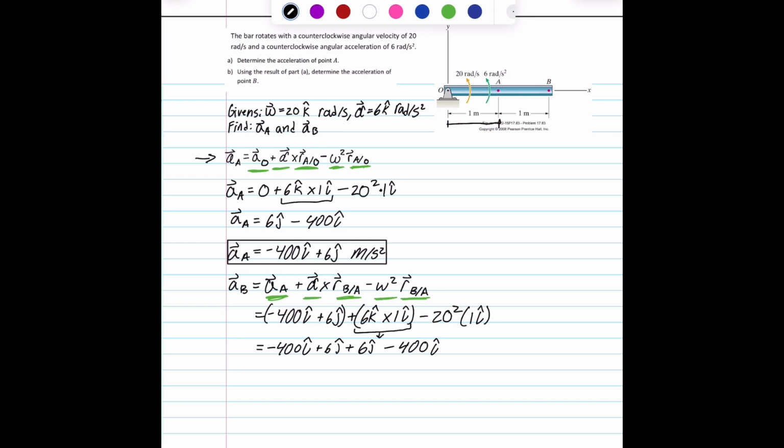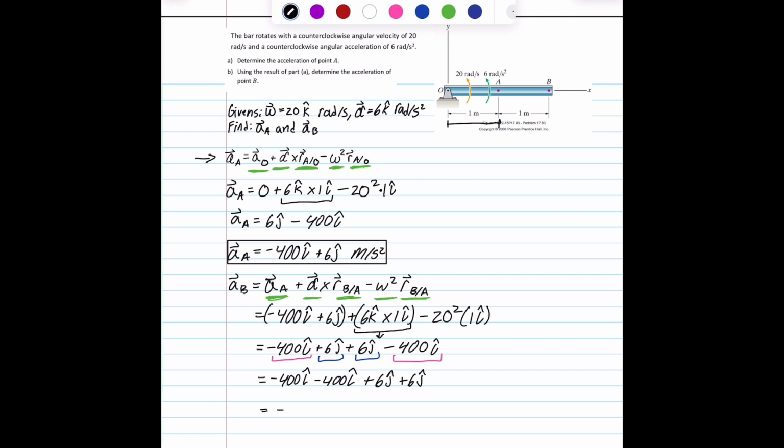Now we can relate our components together. That is the i hat component, and that's going to be the j hat component. So let's rewrite that. Those are the i hat components, and those are the j hat components.